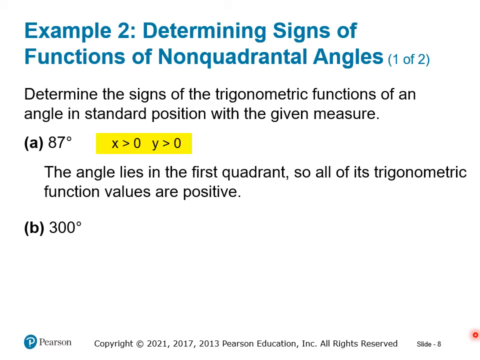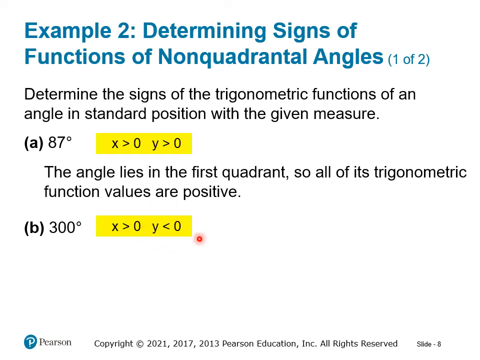In part B, we have an angle of 300 degrees. Notice this is in quadrant 4, and it may take you a while to get used to where each of the angles falls out. Remember, 360 is all the way around, and so 300 is in that last quadrant, or quadrant 4. Here we're on the right side of the graph, so x is positive, but we're below the x-axis, so y is negative. So here we have cosine is positive because x is positive.